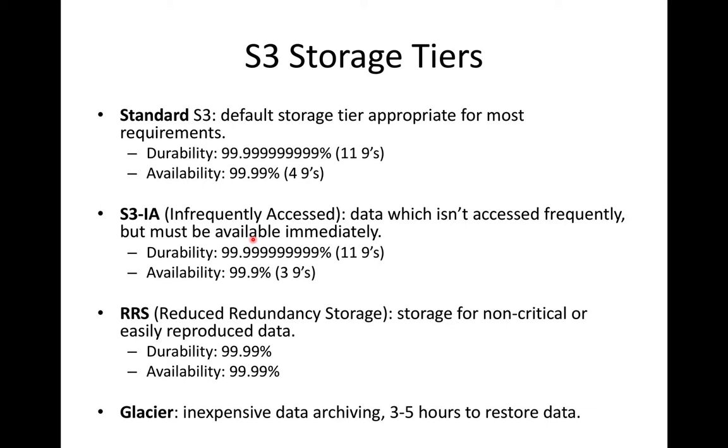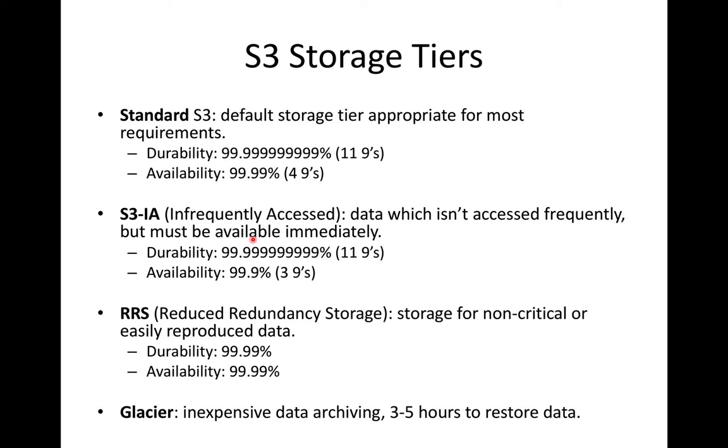And you're probably asking yourself, well, why would I ever want to store data in a storage tier where the data might disappear? Well, first of all, RRS storage is very cheap. It's much cheaper than the standard tier of storage. And sometimes we're working with data that we can afford to lose.